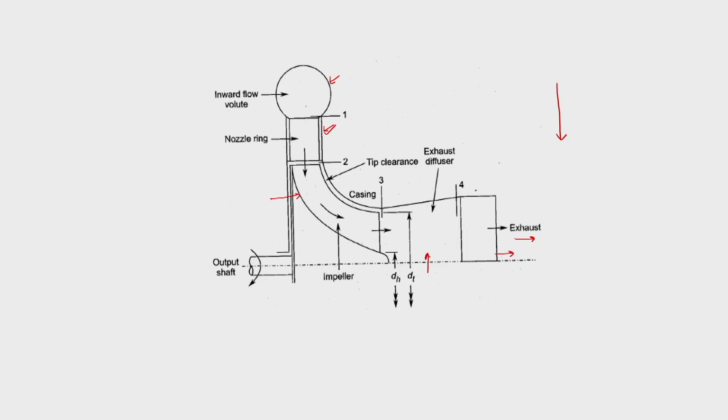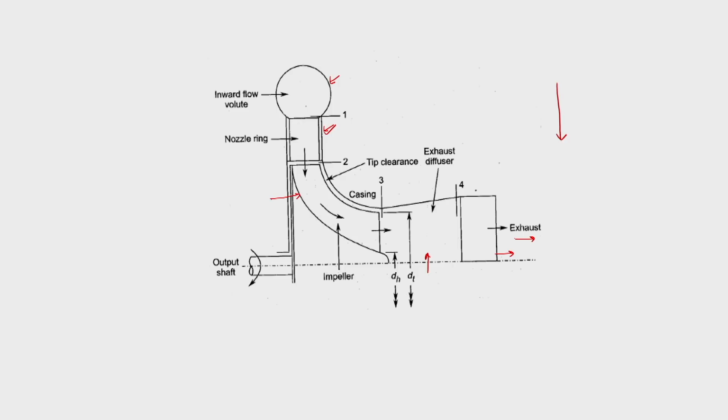But the per stage work interaction is higher in this case, so these can be preferred if we are working with lower work output of the turbine. So this is how we have the typical radial flow turbine composition and aspects.